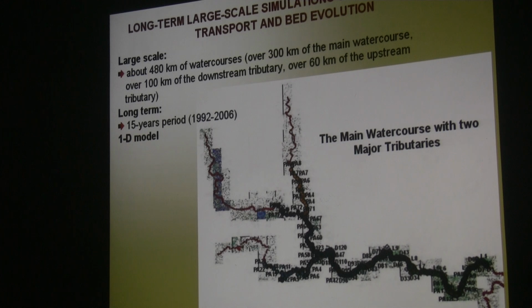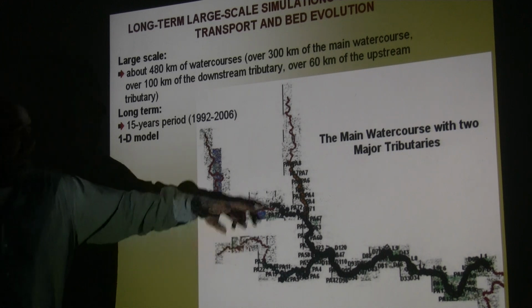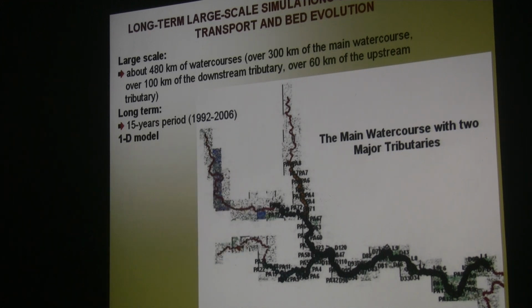So I'm giving here an example of such a case: one big river, 2 large tributaries. Large scale means we have over 300 kilometers of the main river, over 100 kilometers of the downstream tributary, over 60 kilometers of the upstream tributary, altogether almost 500 kilometers of flow.